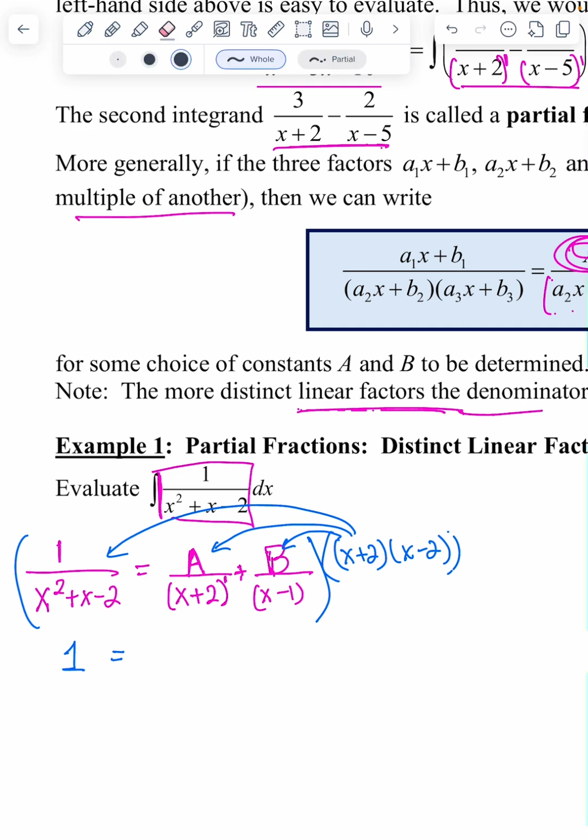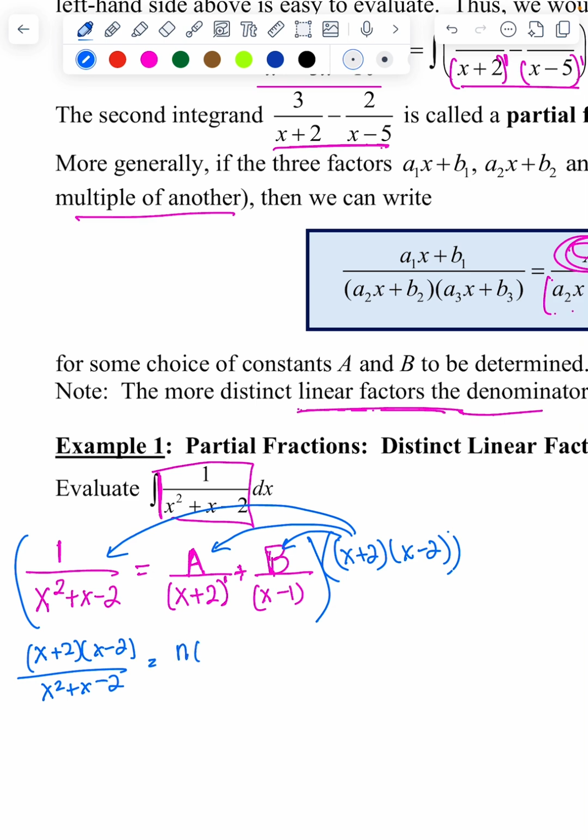When I distribute it here, I guess I'll show all of the work on the first one, okay? So we have x plus 2, x minus 1 over x squared plus x minus 2 equals A times x plus 2, x minus 1 over x plus 2 plus B times x plus 2, x minus 1 over x minus 1.